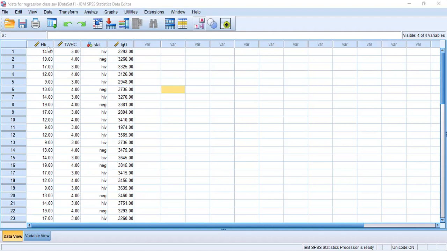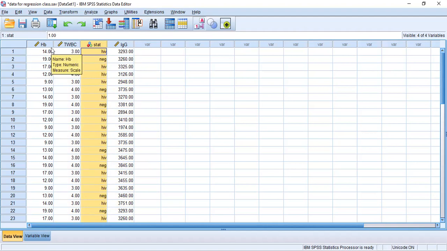This is another example. Supposing you have hemoglobin level, total white blood cell count, HIV status, and immunoglobulin G levels. You want to know which of these variables, assuming your outcome is HIV status, that is, the patient has HIV or does not have HIV, which you can say is HIV negative. So it's either HIV positive or HIV negative, coded as 0 and 1, 1 for HIV positive.